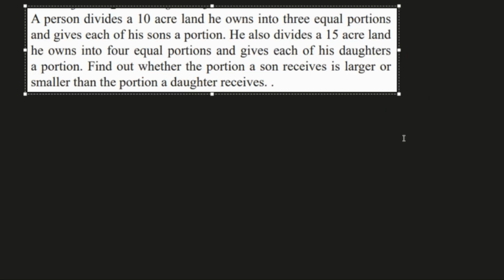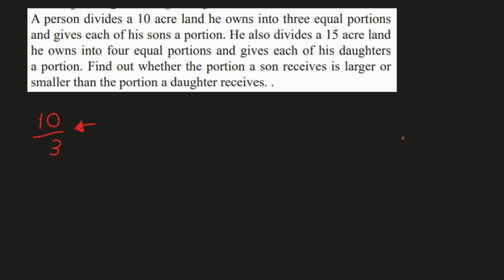Okay, right. Now let's discuss the final question. A person divides a 10-acre land he owns into three equal portions. So that is 10 divided by 3, right? So this is the part which is owned by one person.